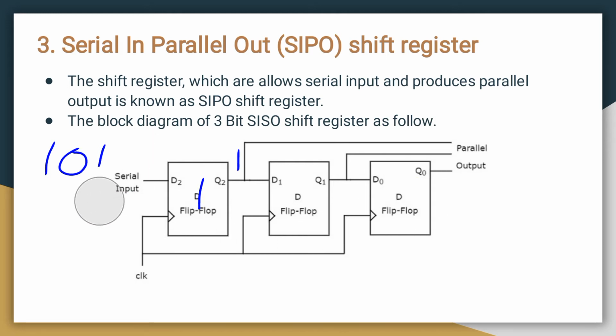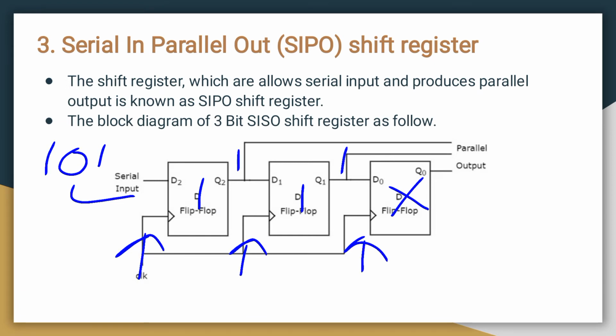Now for the second clock pulse, the second input is going to be taken and the clock is applied. The third flip-flop has no input, so no set or reset. For the second flip-flop the input is 1, so the clock is applied, and the flip-flop is going to set and give the output as 1.